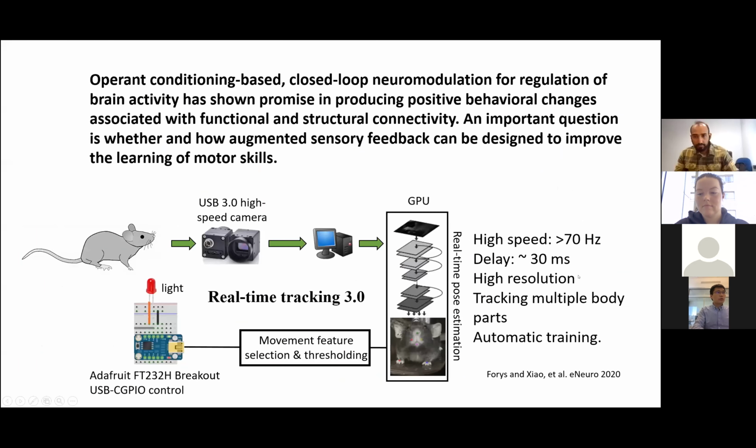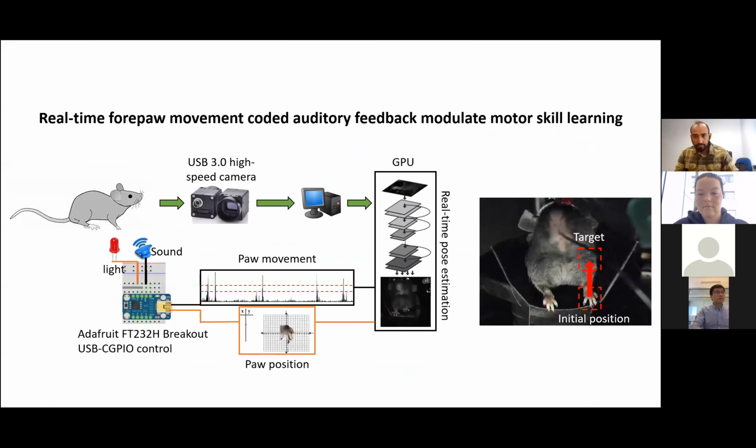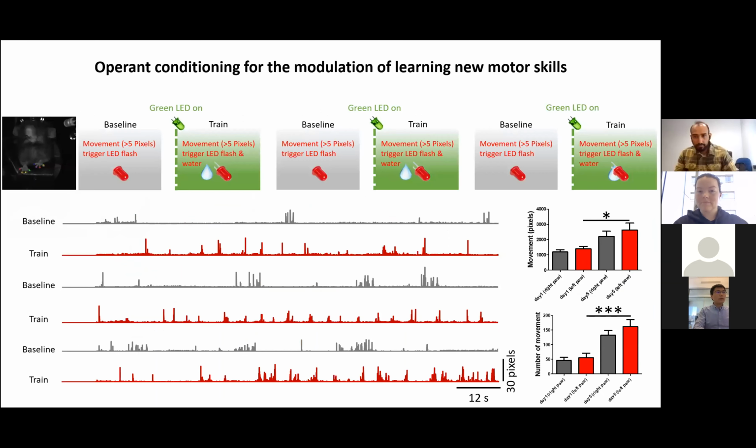To solve this problem, with the help of Pancache in our lab, we coded the paw movements with auditory feedback. So when the mouse moves its paw, the tracking signal will trigger a different frequency of sound.